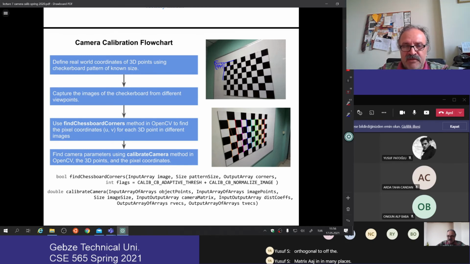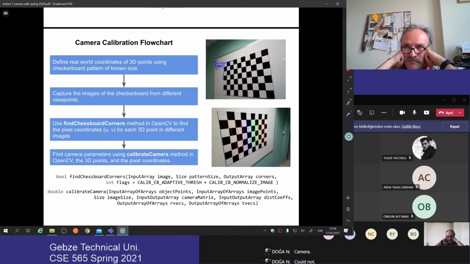Any questions about the camera calibration? For this way to solve calibration parameters, we have a UV point. We work on P in camera coordinates.